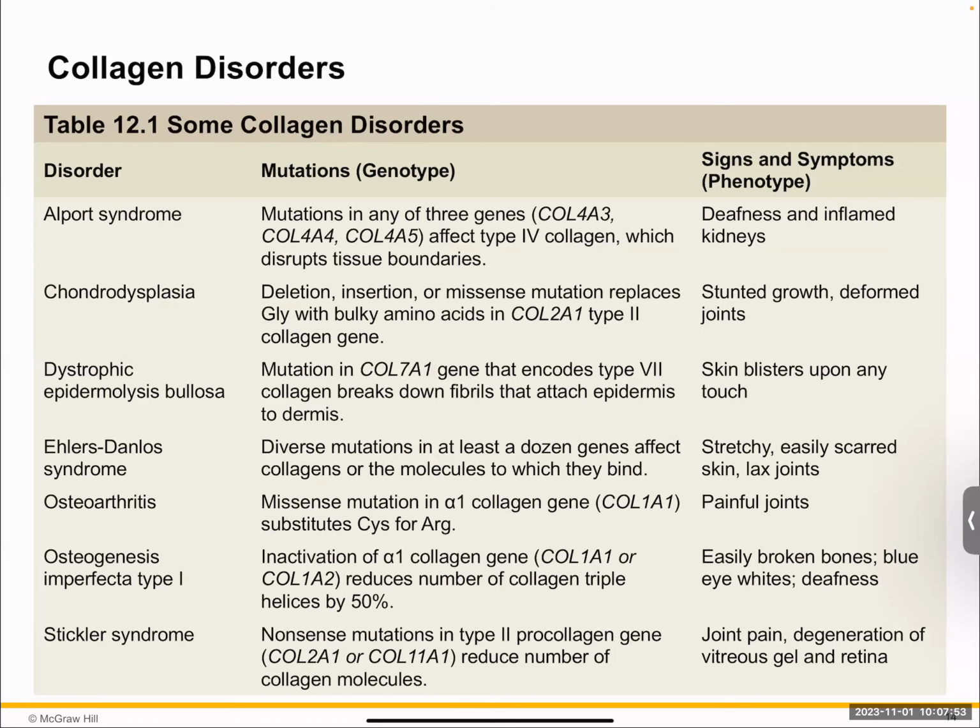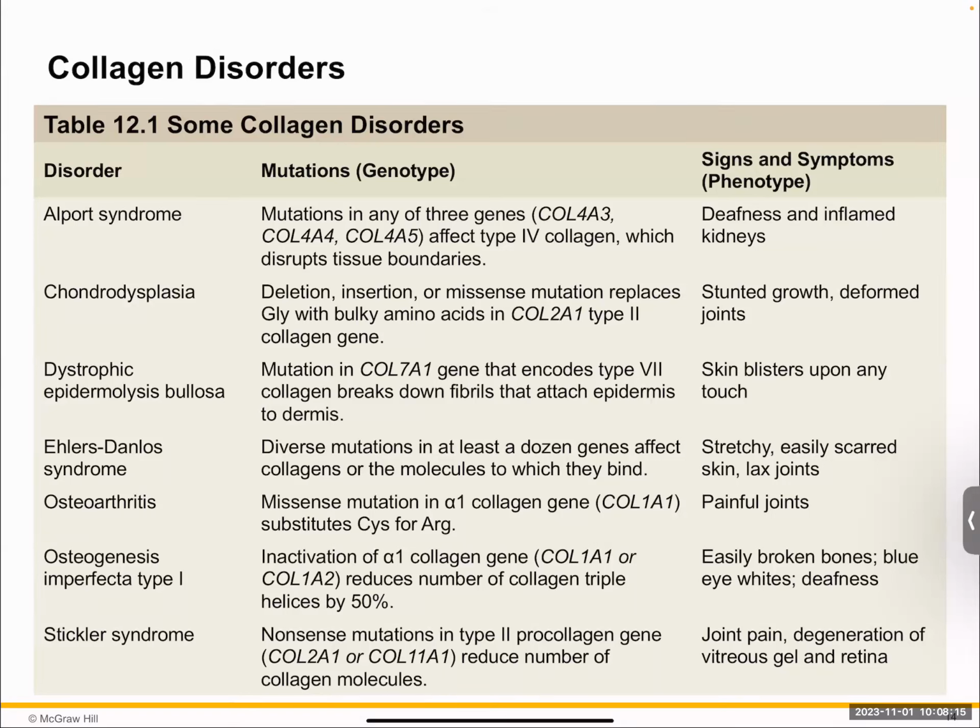Because it can affect the growth as well as cause deformation in the joints. So again, it's affecting more specifically the collagen that is found in the bones and the joints.